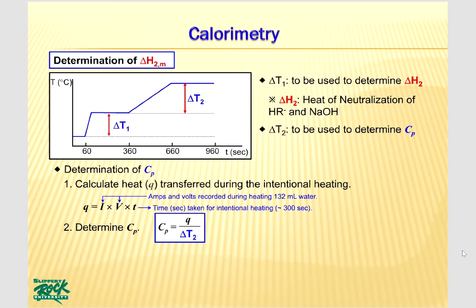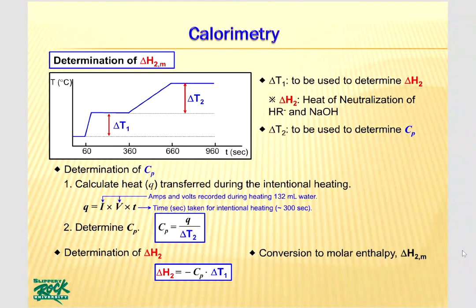Now you are ready to determine delta H2. Delta H2 equals negative Cp times delta T1. Since delta H's in the literature are reported in joules per mole or kilojoules per mole, you may want to convert delta H2 to molar delta H2 by dividing delta H2 by the number of moles of HR-.